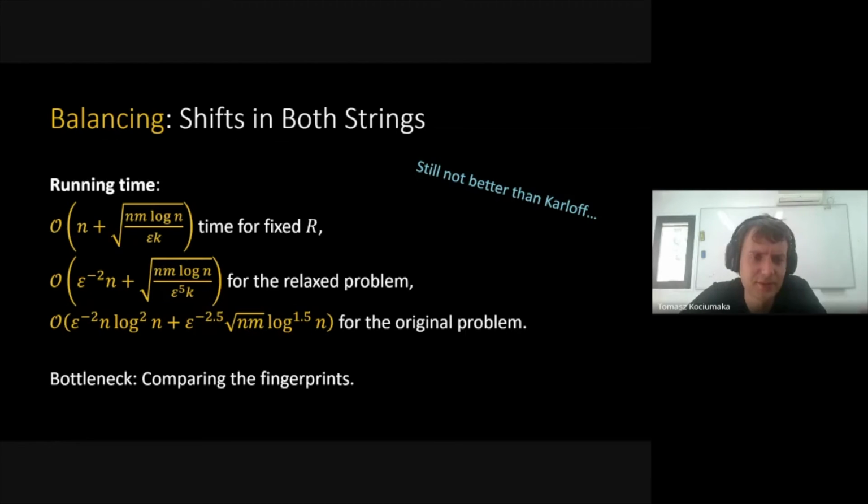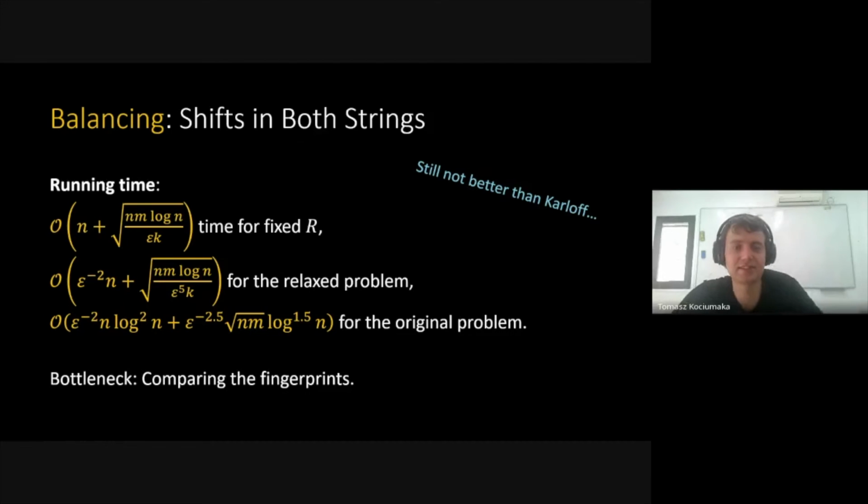And once you look into this, maybe you can hope for improving the epsilon dependency in this term, but if we keep our definition of the relaxed problem, there is not really hope we can improve the log squared n factor. That's because the relaxed problem needs at least linear time to produce the output, and then our reduction multiplies this n by log squared n.